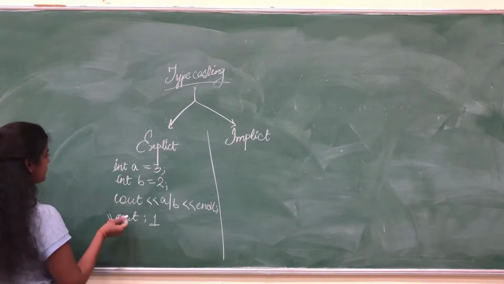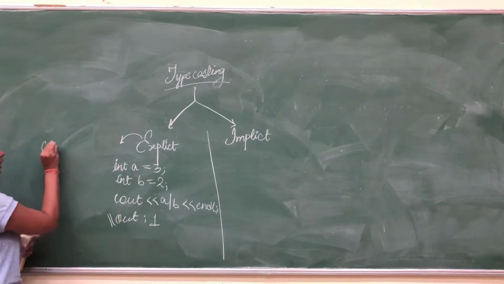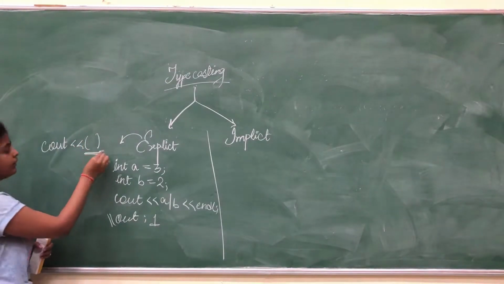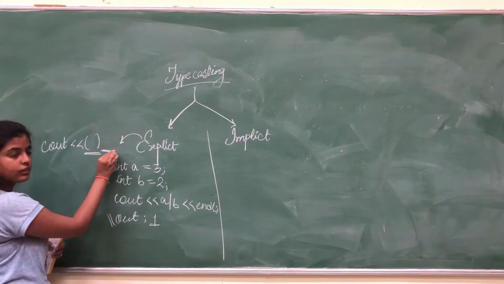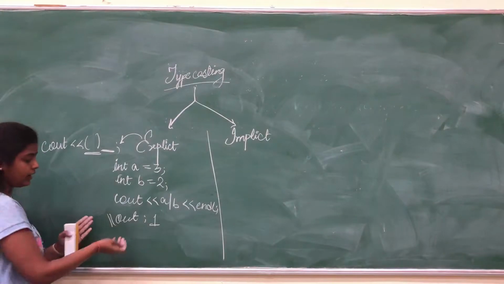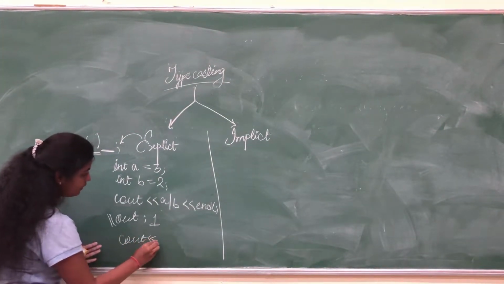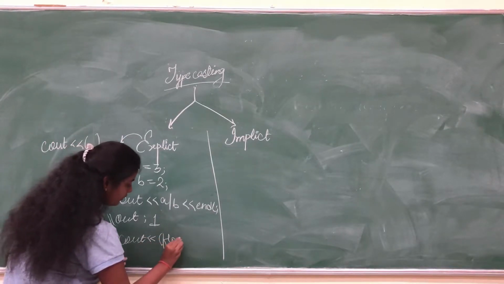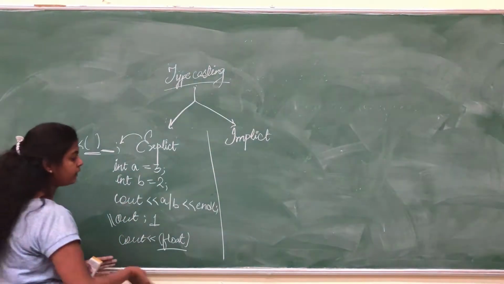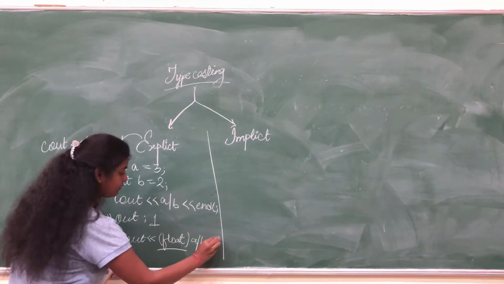For that there is a syntax. Explicit typecasting has a syntax: after cout, we are supposed to write the type we want to include in it. Then comes the operation and then the semicolon to end the statement. So we write cout, then float, which is the data type we want the output to be in, then the operation A divided by B, and end it.